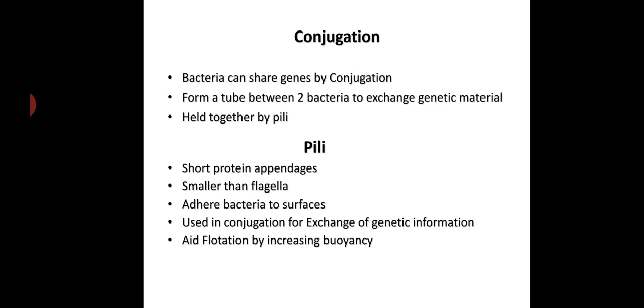They are smaller than flagella. They help in sexual reproduction, adhere to the surface of bacteria, are used in conjugation for exchange of genetic information, and aid in flotation by increasing buoyancy.